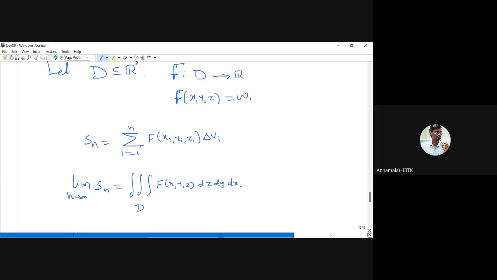First we integrate with respect to z, then y, and finally x. Or simply we can say dV. This is the triple integral of f over D.